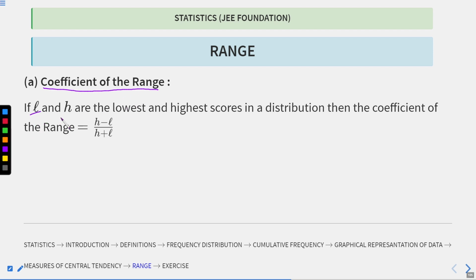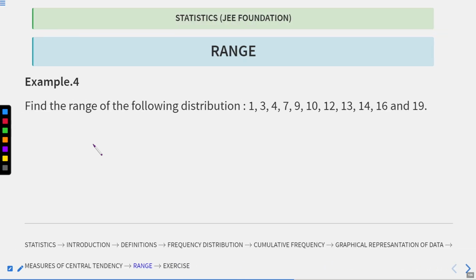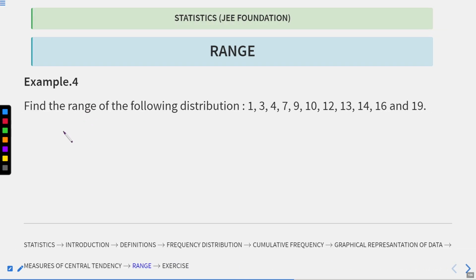If L is my lowest value and H is my highest value, then the coefficient of range is equal to (H minus L) divided by (H plus L). I hope this is also clear. It is just a direct formula to use.